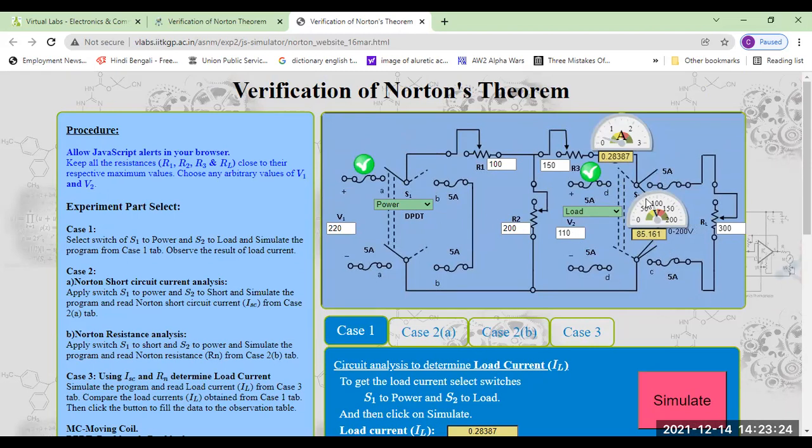Whatever we get is the voltage across this terminal, 85.161 volts, the voltage across this load, and current is flowing in the normal circuit. This is a simple circuit, with no other operations going on. Now for case 2, Norton short circuit current analysis. Now we have to say this is case 2a.